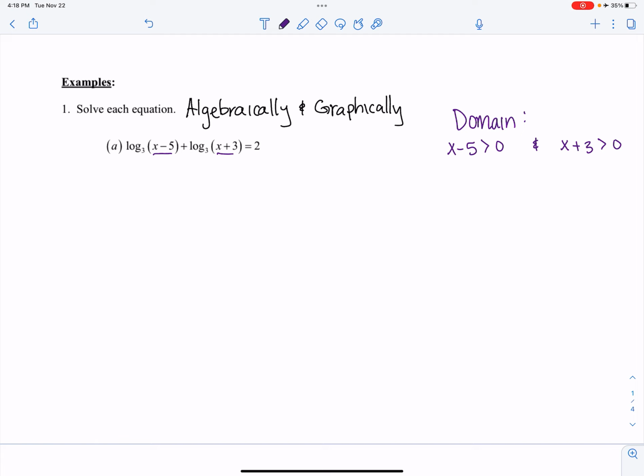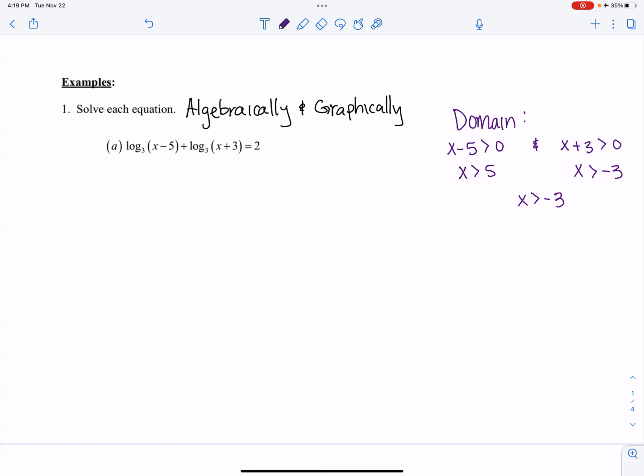So if x minus 5 has to be greater than 0, that means that x has to be greater than 5. If x plus 3 has to be greater than 0, that means that x has to be greater than negative 3. So what this tells me is that x needs to be greater than negative 3. And that will satisfy them both. So whatever we find in our answer, we just need to make sure that our x is greater than negative 3. That way we stay in our domain.